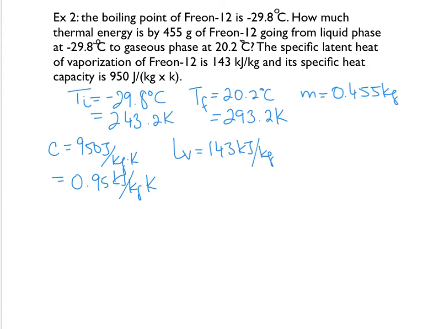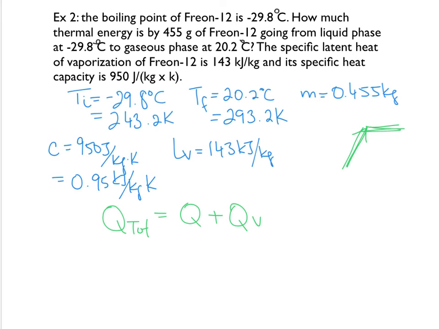So if we think back to our graph that we were just looking at before, we remember that we had an increase in temperature and then it hit a plateau, which was our specific latent heat of vaporization or of fusion. Our total energy is going to be the energy required to just get up to that temperature, plus, in this case, your temperature of vaporization.